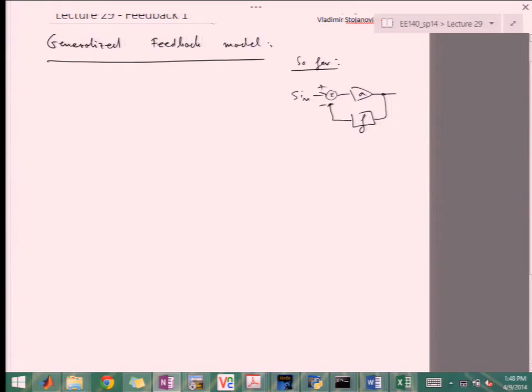When we have loading effects, isolating what F is versus what A is no longer possible, because, as we saw, because of RI and RO, these two networks interfere. So rather than this model, we're going to have a more general model that captures these loading effects nicely.